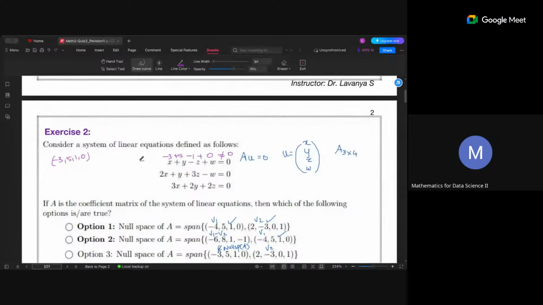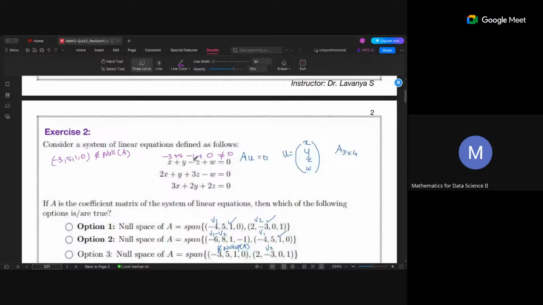So this means this does not belong to null of A. Is that fine? Ma'am, the vectors which are in the null space will satisfy all the three equations. Yes, it should satisfy all the three equations. If it does not satisfy any one also, then it cannot be there in the null space, right? Okay, yes. So you can verify in the same way.